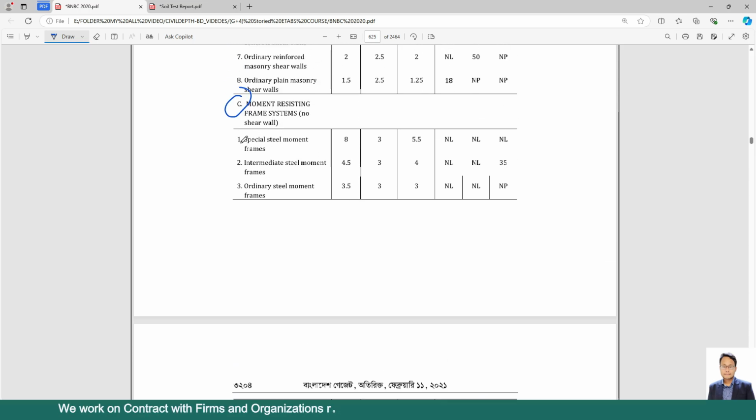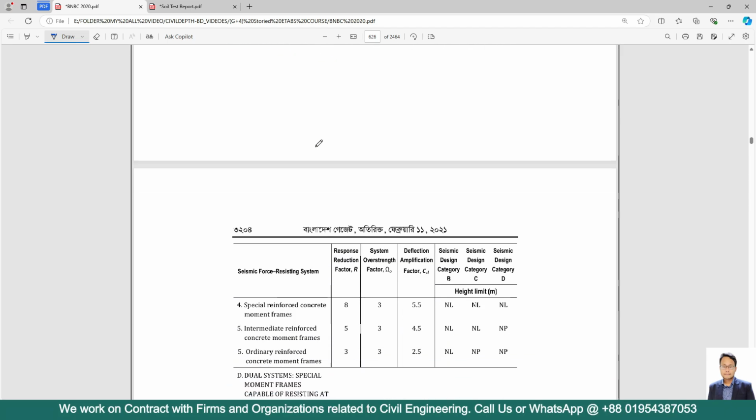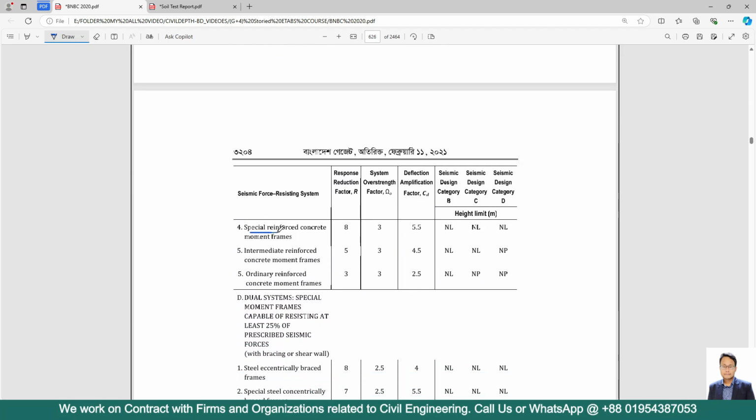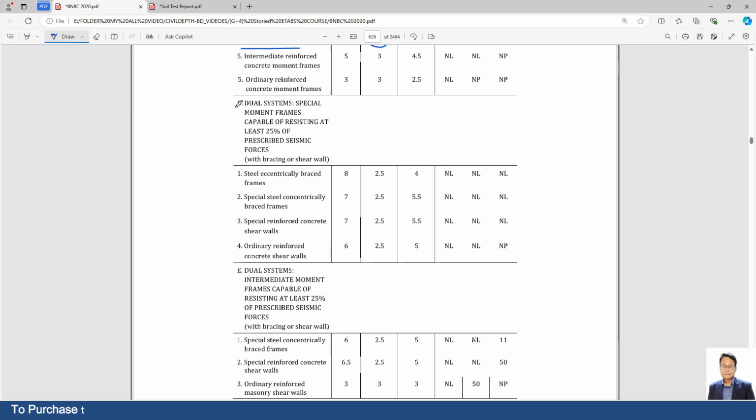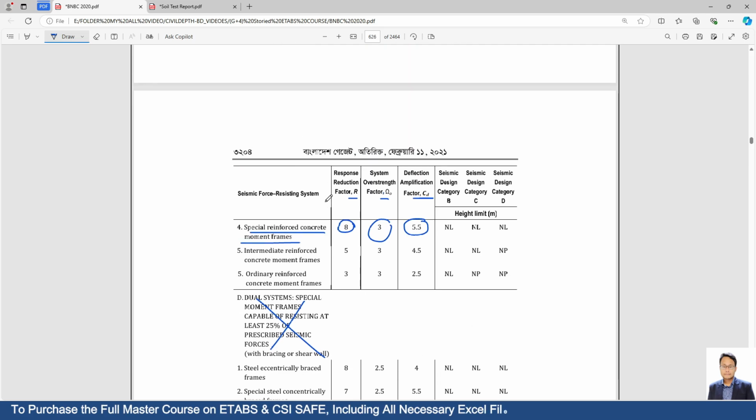Here you can see we are not designing any steel structure. We will go for special reinforced concrete moment frames, and we will take R value as 8, omega naught 3, and Cd value will be 5.5. Here we also have another category which is dual system, but for our case this is not a dual system.